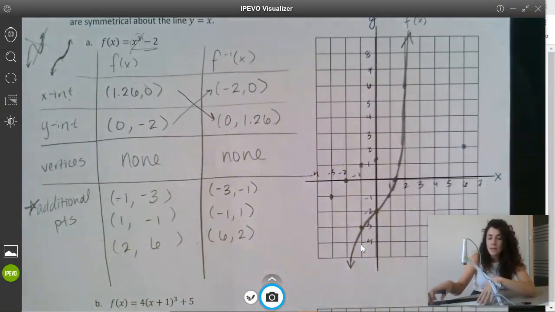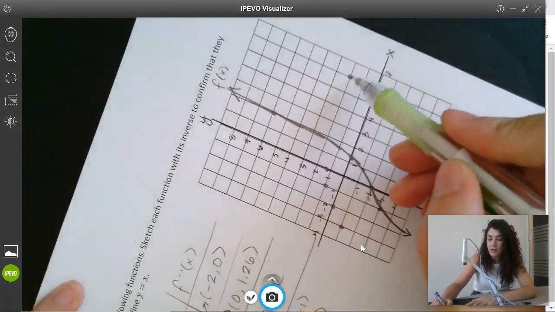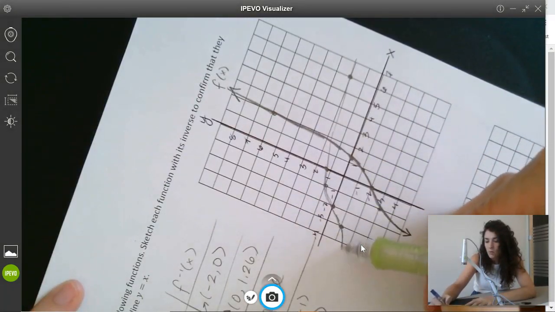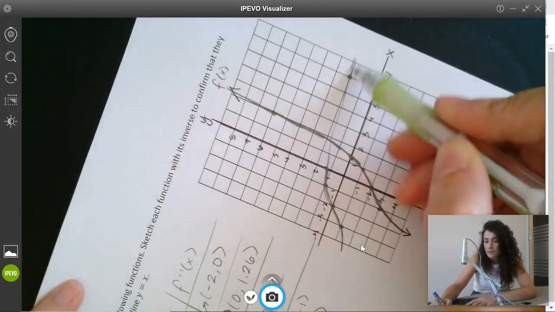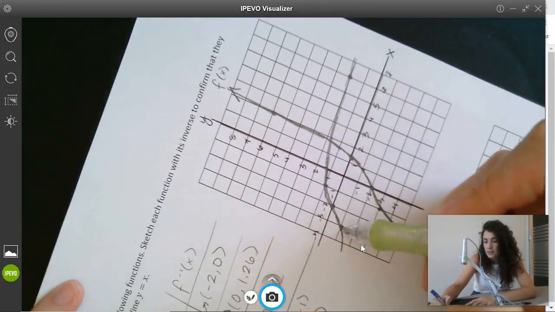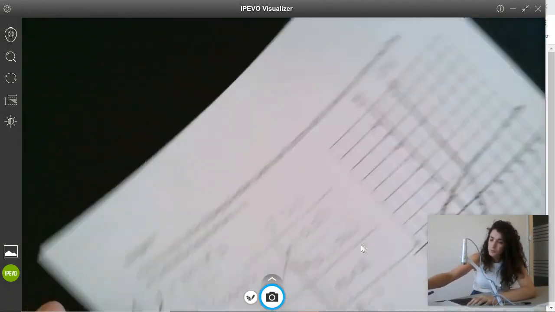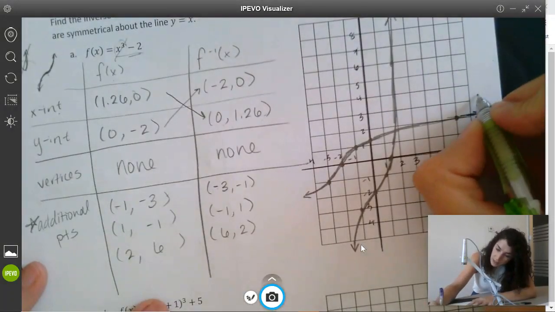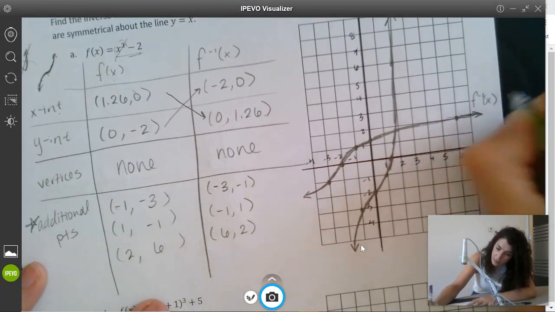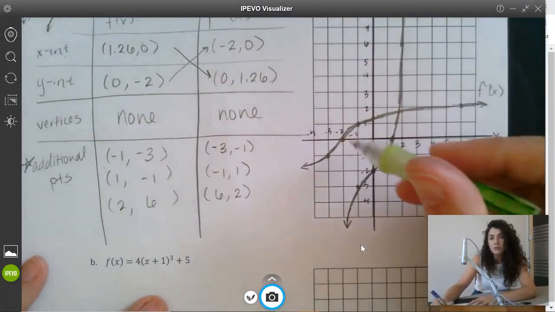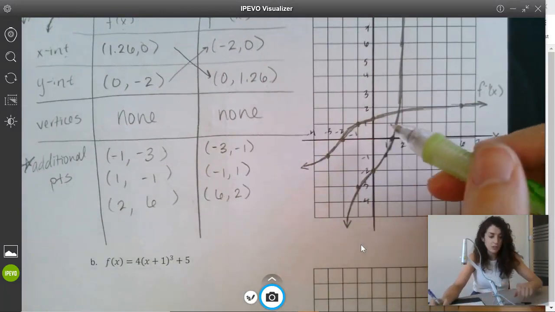And then when you're making the graph, all you have to think about is just connecting the dots, right? It's still got the little arm wave and then it shoots up in the end. Arrow, arrow. And this is the inverse. This is how the graph of an original function looks compared to its inverse.